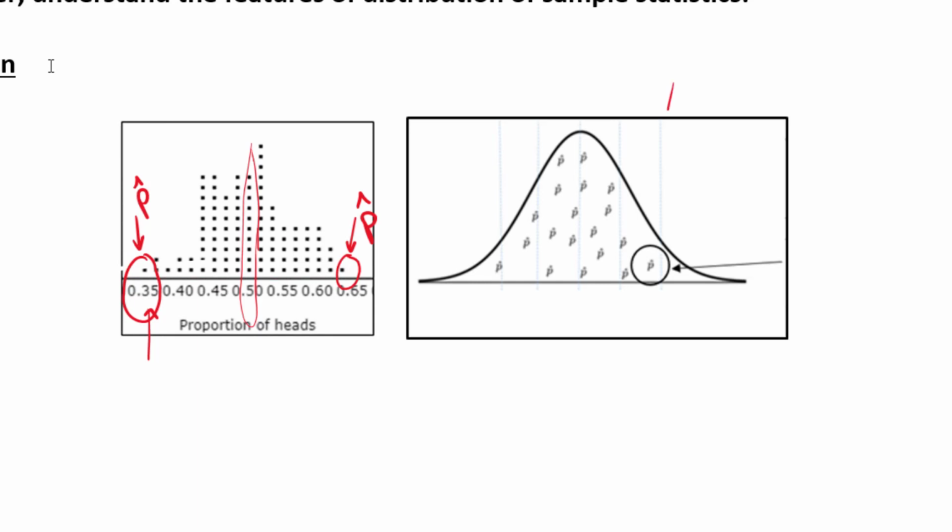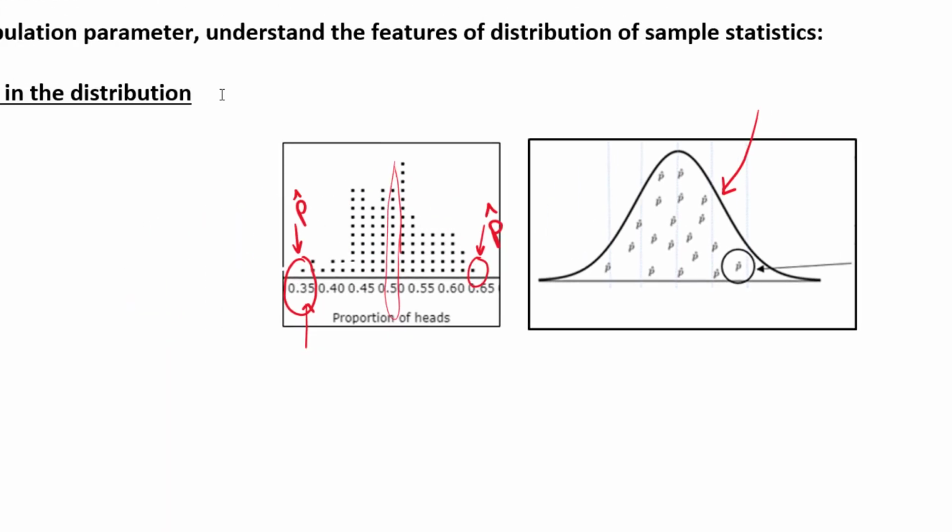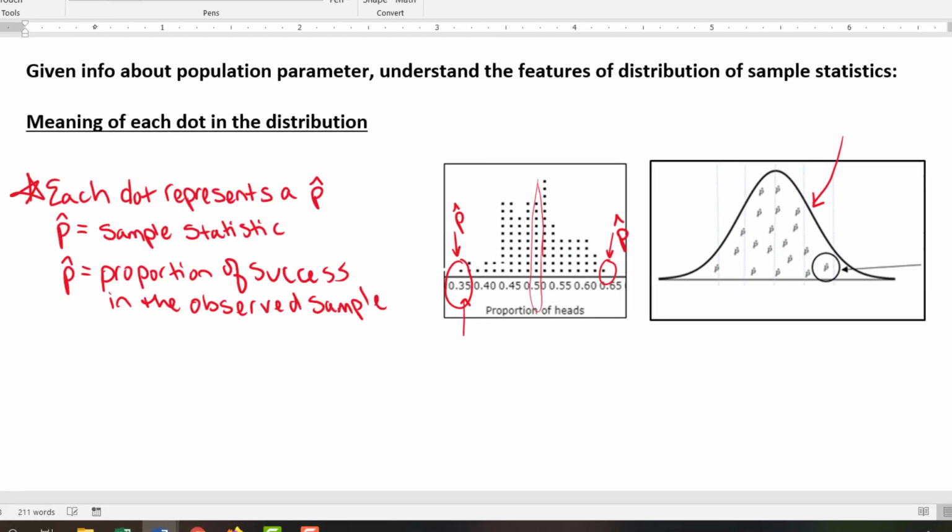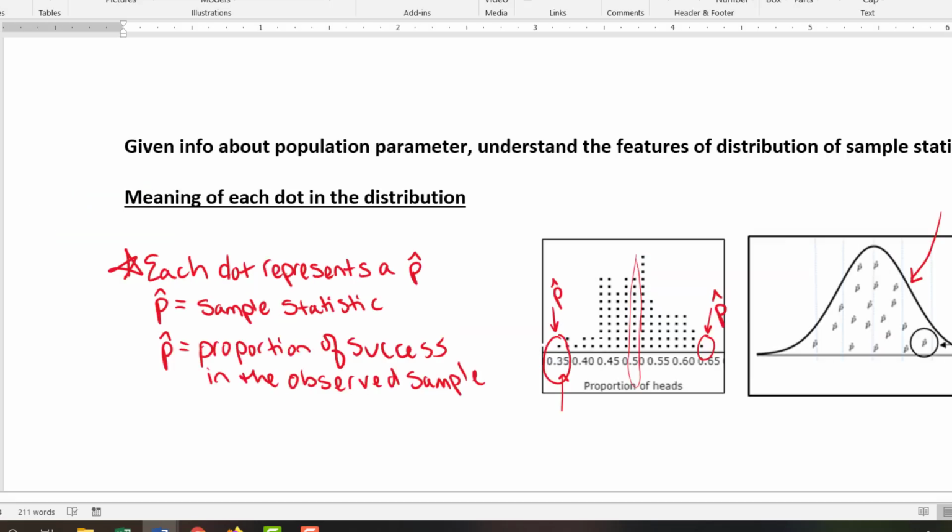So really, this is a more theoretical distribution to show what we got. You'll see that each of the little dots represents a p-hat. So each dot in our simulated distribution of sample statistics is a p-hat. P-hat, sample statistic. P-hat, proportion of success in the observed sample.